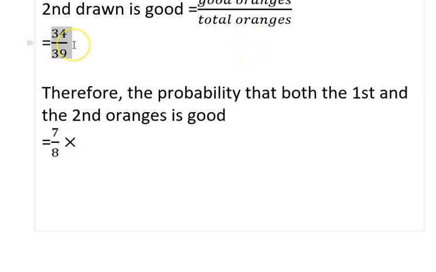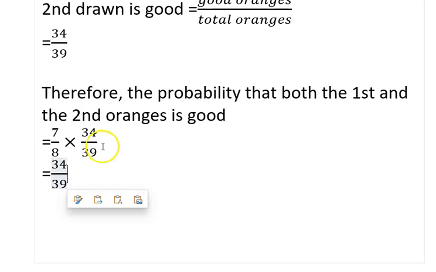This one is drawn without replacement. Awesome. So if you are now multiplying, if you are multiplying 7 times 34, we can cut, or we can multiply any one that suits you.